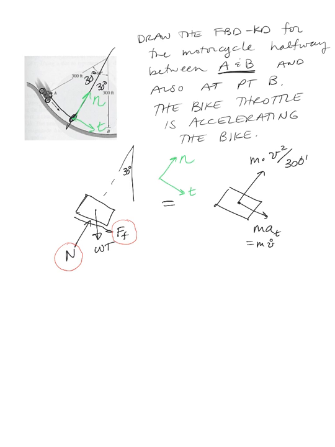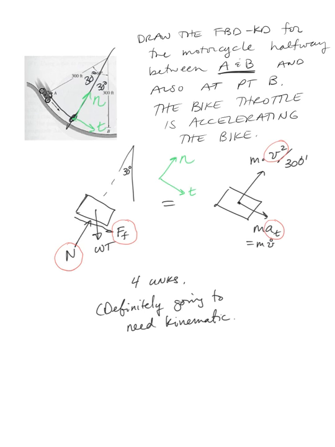We've got a normal force, we've got a velocity, and we've got tangential acceleration, or v dot. So we've got 4 unknowns here. And so we would say we are definitely going to need some kinematics. Again, we only have 2 independent equations up there, so we're going to definitely need some more kinematics.